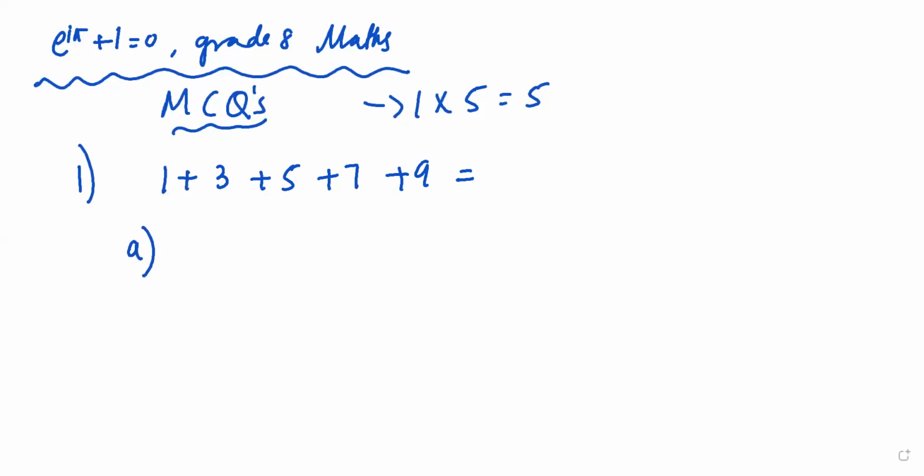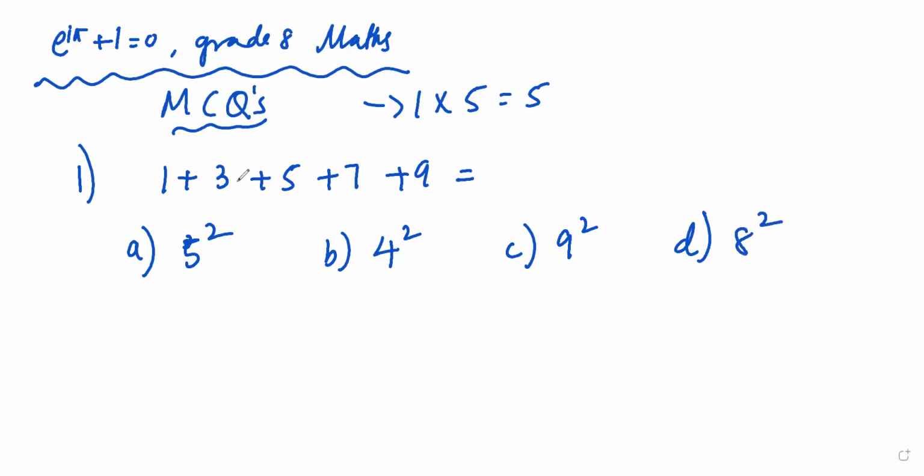Option A is 5 square, option B 4 square, option C 9 square, and option D, let's say 8 square. Now, if I'm going to add them, I get 9 plus 7, 16 plus 5, 21 plus 3, 24 plus 1, 25, which is 5 square. The correct option is 5 square.